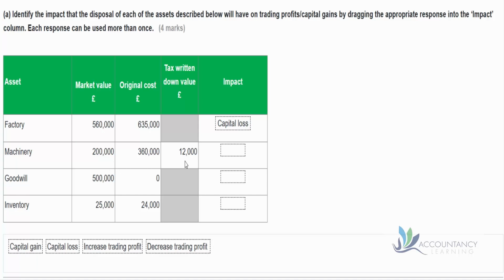And we can see that our pool is quite small, so that creates a negative number here. And that means effectively, it's recognizing that we've made a profit on that disposal. And therefore, we're going to have a balancing charge, and that's going to increase our trading profit.